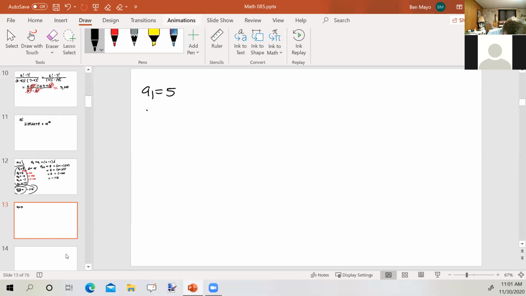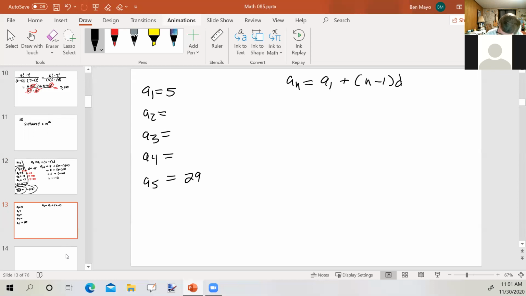We want to find the first 5 terms, so we need to fill in the 3 in between. Again, we're going to use the formula a sub n equals a sub 1 plus the quantity n minus 1 times d. We know a sub 1 and we know n, but we don't know d yet.